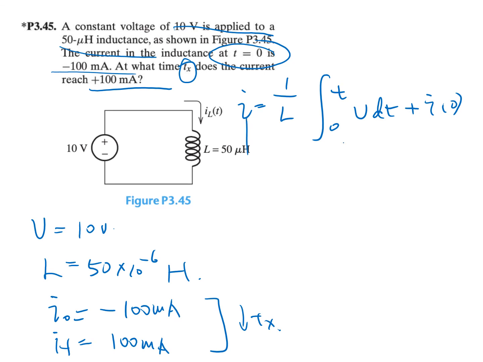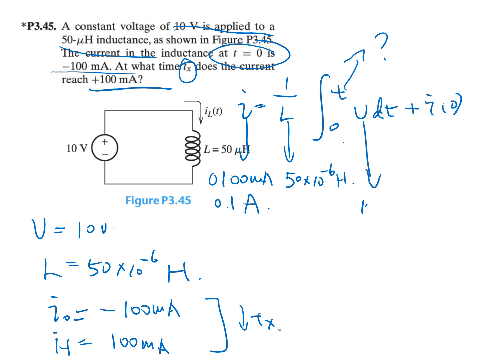We know that the current right now is 100 milliamp. That's also 0.1 amp, and the inductance is 50 times 10 to the negative 6 Henry. So now what we need to find out is T. We know that the voltage is 10 volt and I naught is negative 100 milliamp.